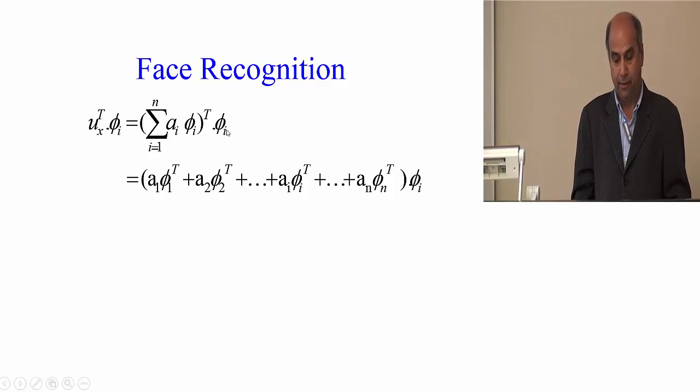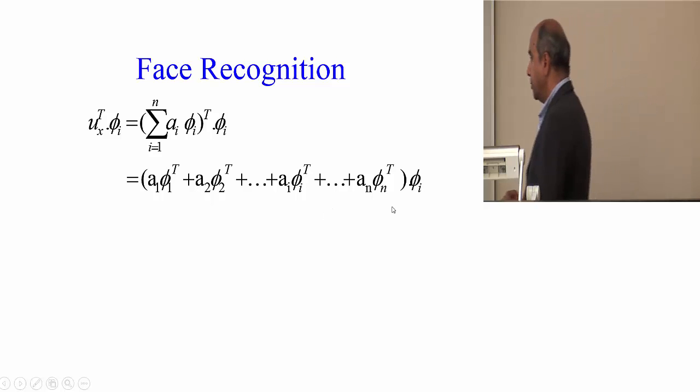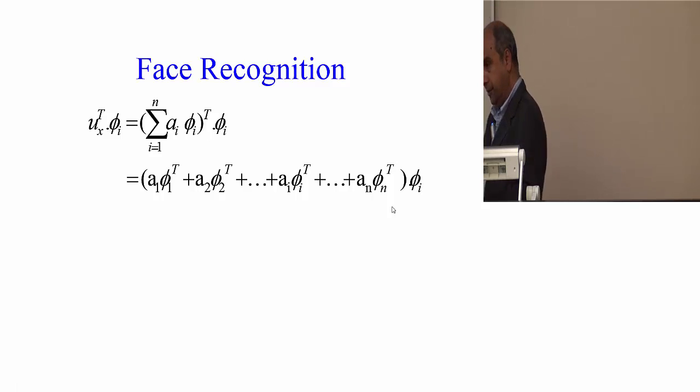So now this is the ith eigenvector. We multiply with each of the elements as a summation, so it's a1, a2, and so on. So we just expand this, and then phi i is outside. Now we have to find the dot product of phi i with phi 1, phi 2, phi 3, phi n. So what will be the result of this?